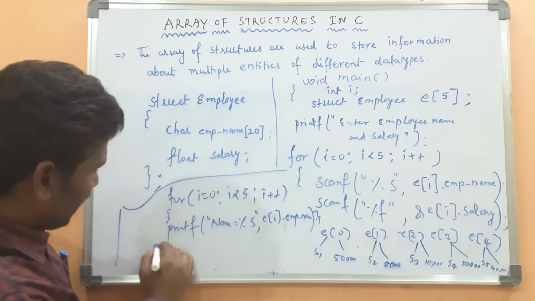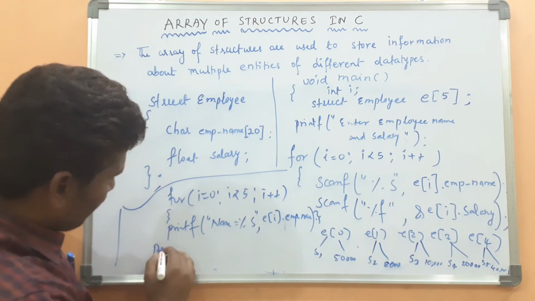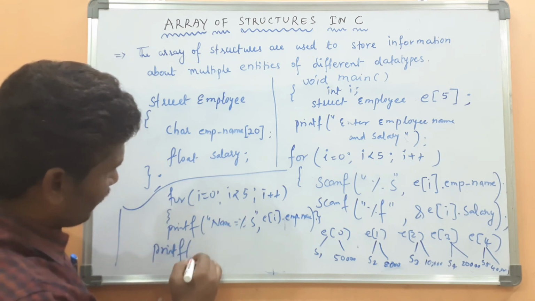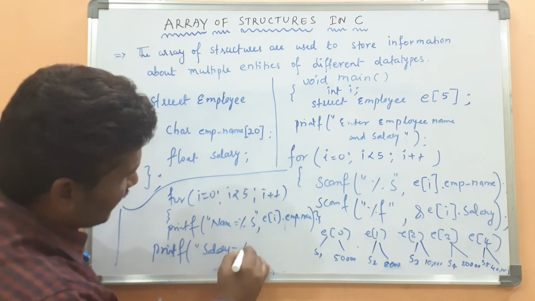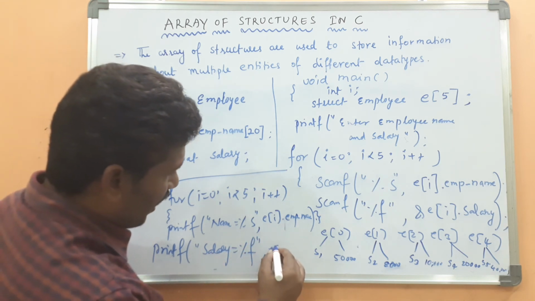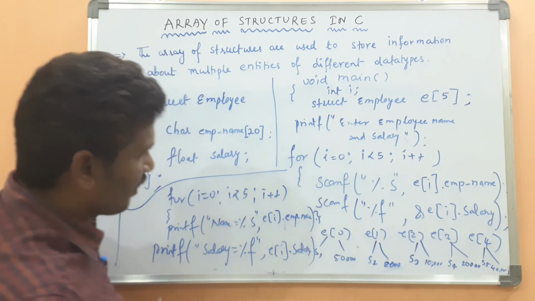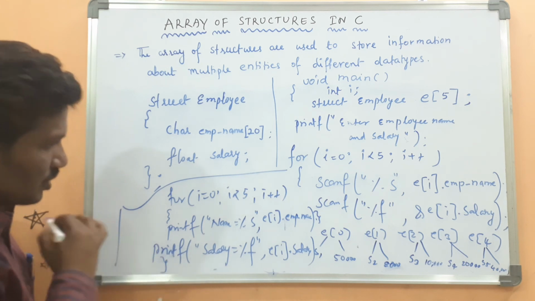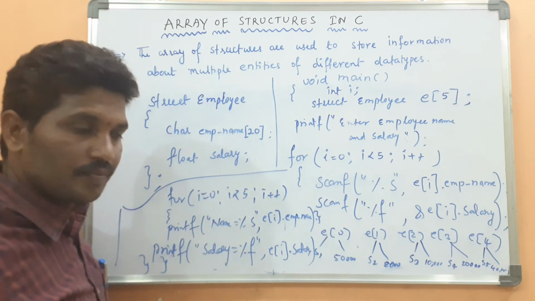Then after that printf, salary equal percent f, then E of I dot salary. Then the for loop should be closed here. Then the main function should be ended over here.